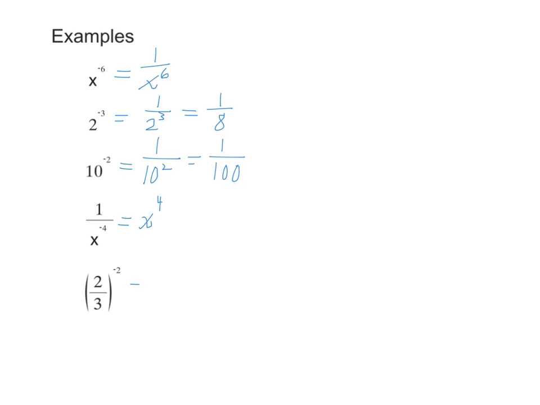That's just going to use a reciprocal. This will be the same thing as 3/2 to the positive 2 power. And according to our rules, this square will distribute to both the numerator and the denominator. I'll have 3 squared on top and 2 squared on the bottom, which gives us 9/4.